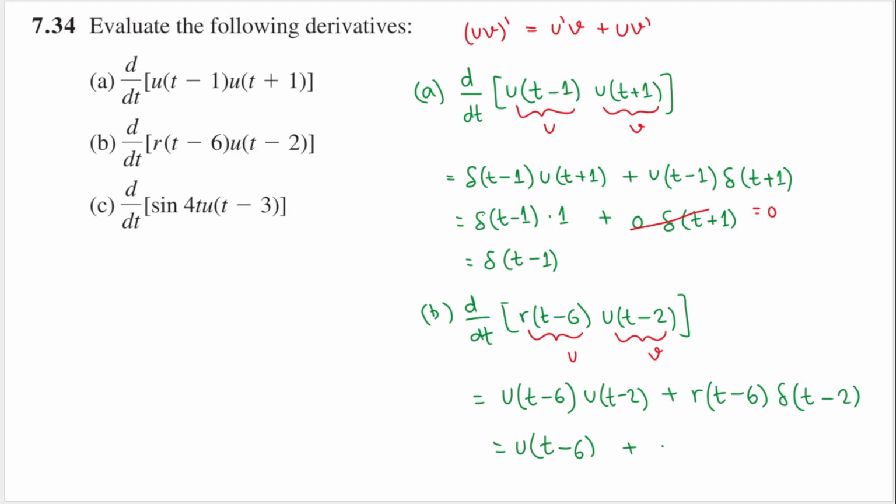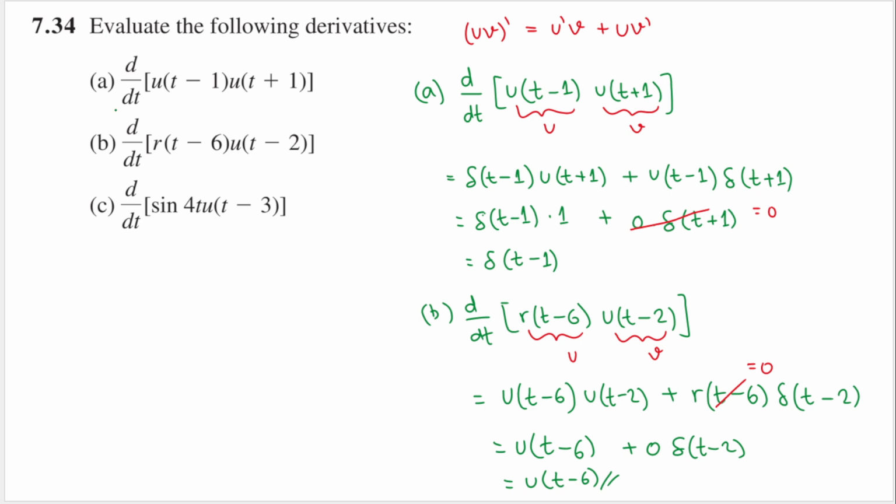So this will be the ramp function of 2 minus 6, which is the ramp function of minus 4, and that will be 0. So this part will be 0, so we don't have that one: 0 times delta(t minus 2). Therefore, we will have u(t minus 6). Okay, that is for question B.